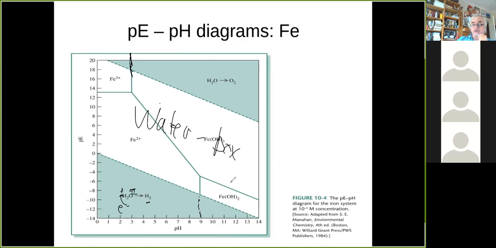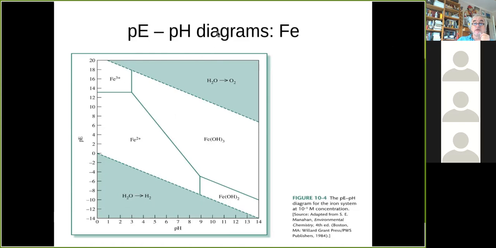You can have quite basic water and quite acid water solutions, and you could have water even in quite low electron activity regions and quite high electron activity regions, but not too high and not too low. Then the actual solvent water will decompose.